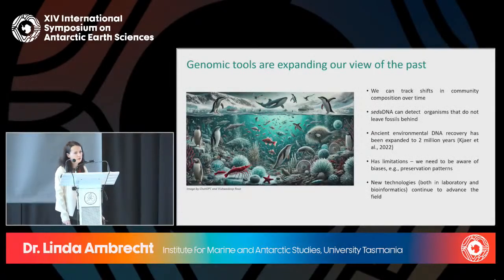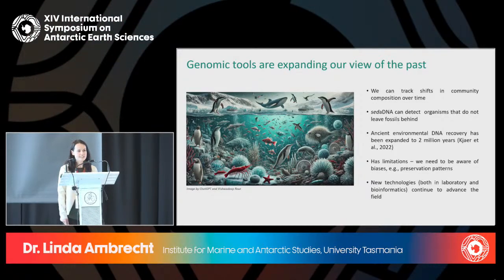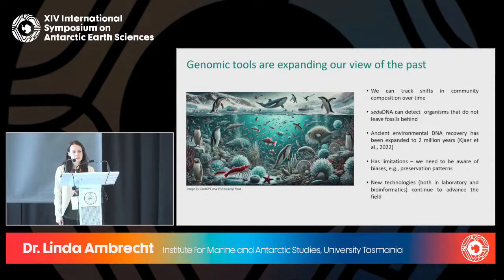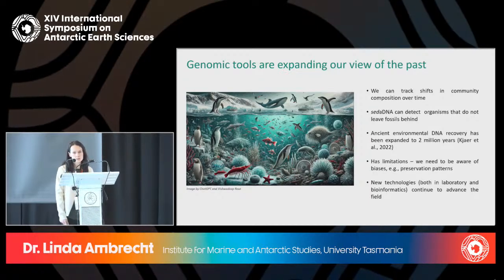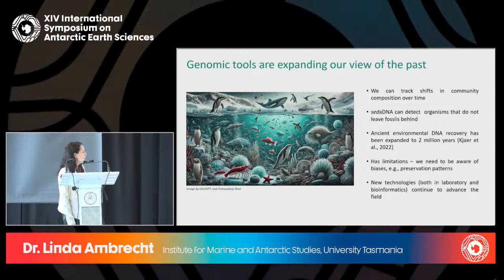So just to summarize a bit what I've been talking about so far. We can track shifts in community composition over time. We can detect DNA of organisms that do not leave fossils behind, small organisms as well as bigger organisms.